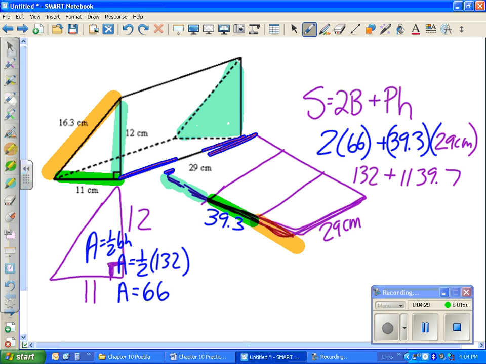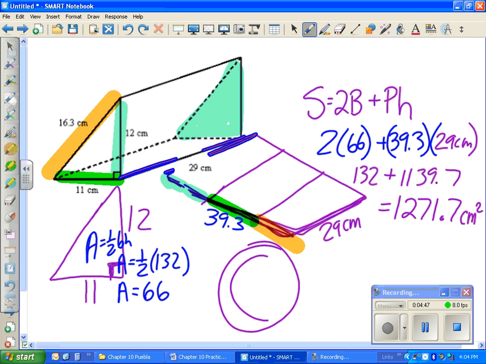So you're going to add that to your 132. And so you should get a grand total of 1,271.7. This should be centimeters squared, okay? So 1271.7, that's going to be the letter C. Number 4, it's the letter C. Okay? There's one.